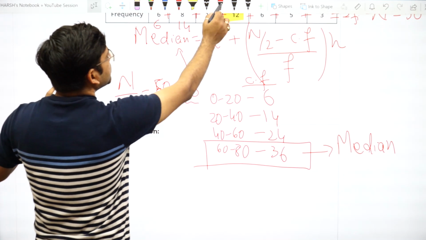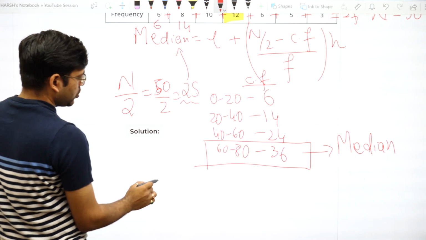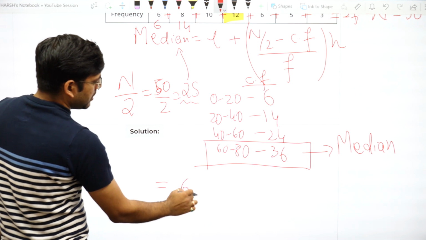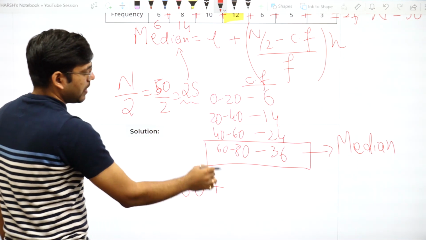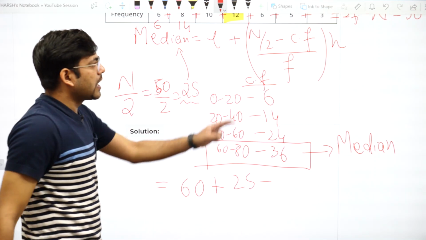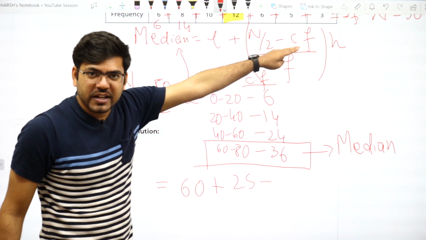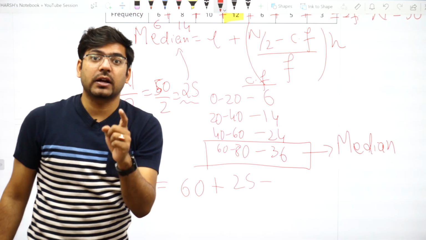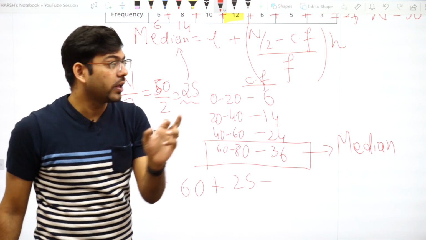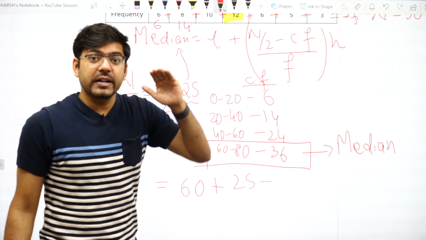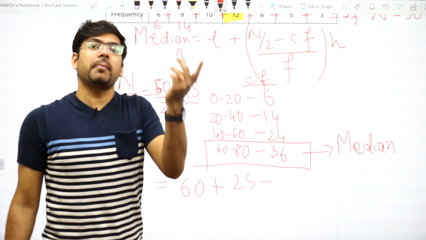For the median class, L is 60 plus n by 2, we have got 25, minus the cumulative frequency. Always remember that this cumulative frequency is not of the median class. It is the value preceding the median class.